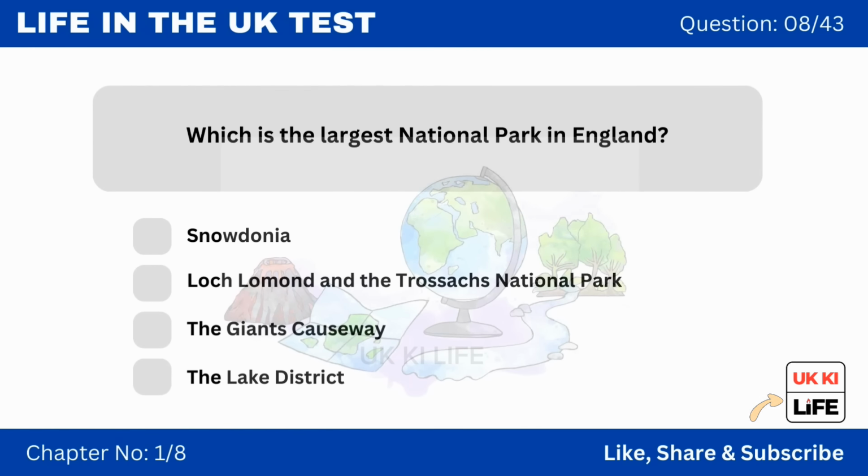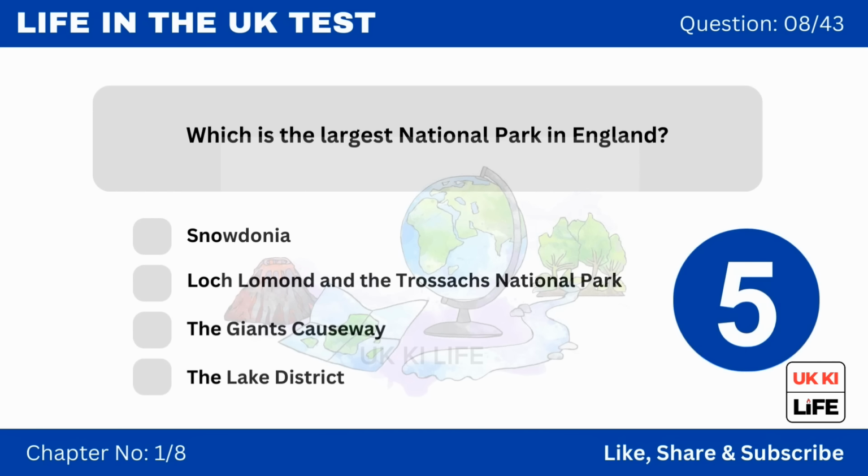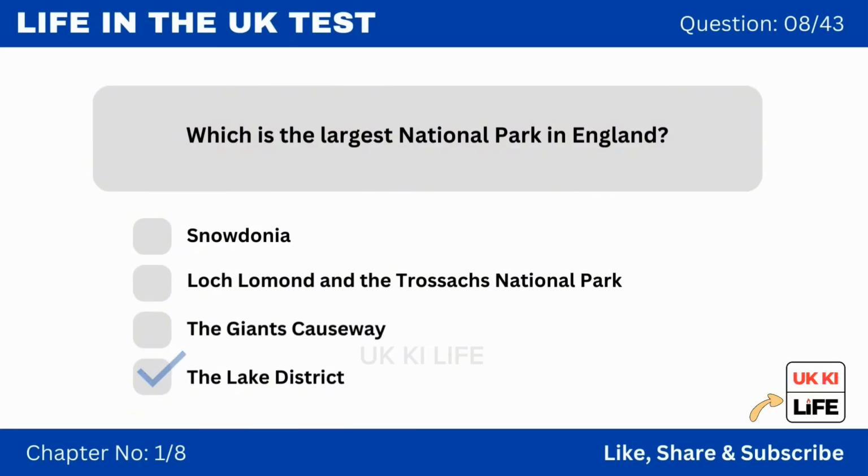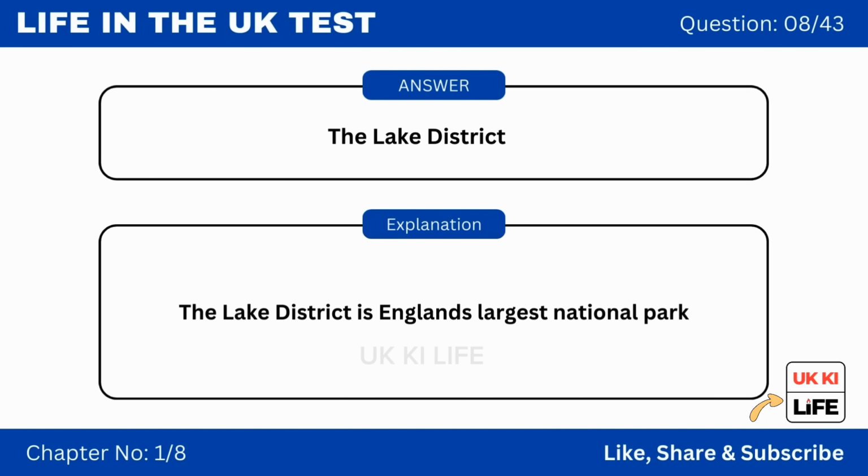Question 8. Which is the largest national park in England? Snowdonia, Loch Lomond and the Trossachs National Park, the Giant's Causeway, the Lake District. The correct option is D. Explanation. The Lake District is England's largest national park.